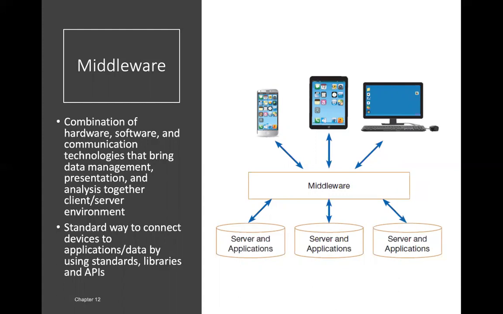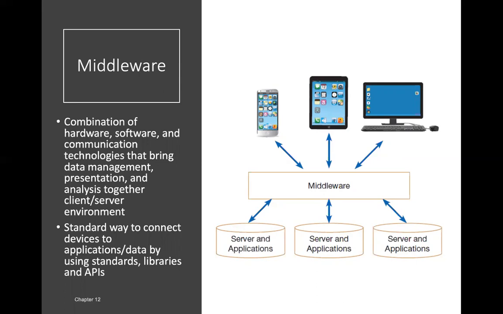It's by middleware. So water to you via plumbing, information to you via middleware. It's an unseen, taken-for-granted mixture of hardware, software, and communication technologies that facilitates the interaction between the users' visual representation of data and where it has come from. So that's the broad concept.